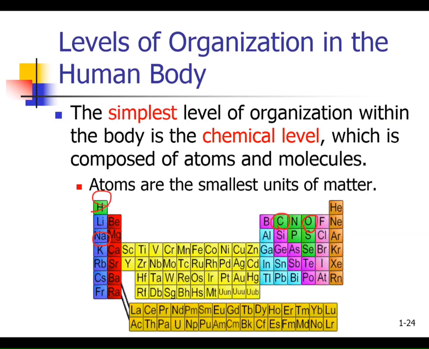And if I had a solid chunk of carbon, diamond, pure carbon, then that would be made up of all carbon atoms. You get the idea. So each of the elements on the Earth is made up of these atoms. And we are going to break that down just a little bit more when we get to chapter 2, but for now, this is where I'm going to start our organizational story.